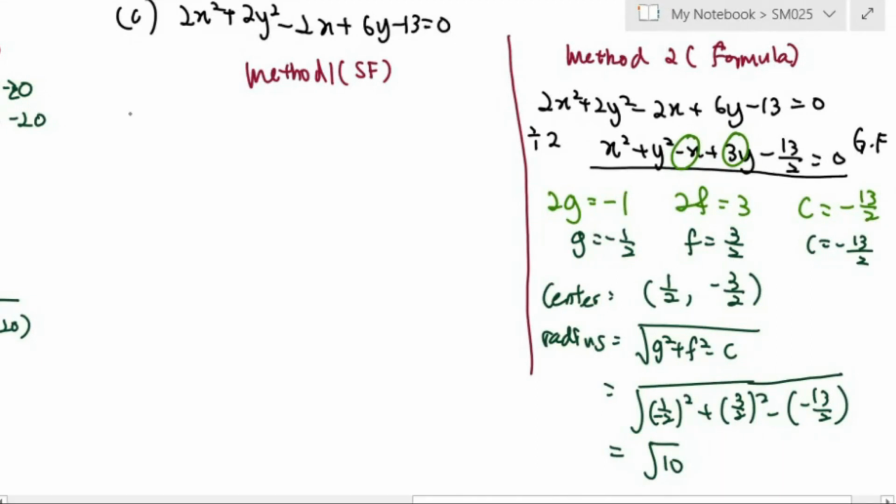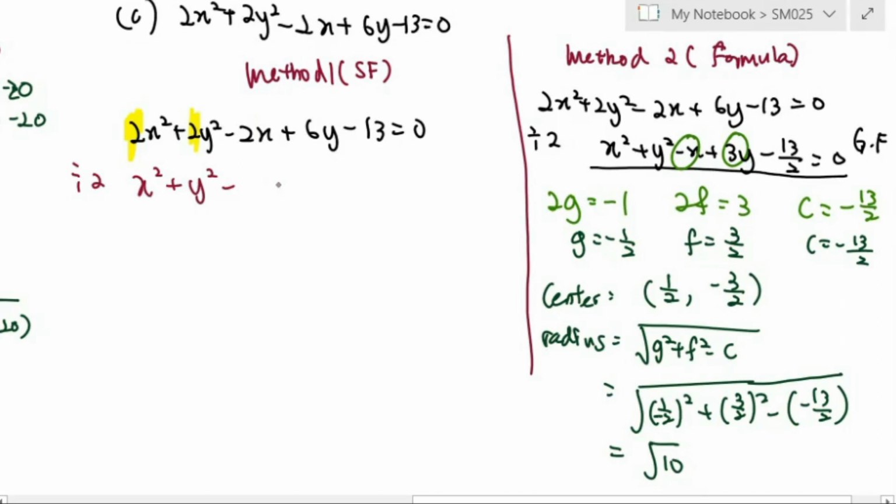Okay, so for changing to general form, it's the same also. Nothing we can do with the coefficient 2 here, so what we can do is divide it by 2. So we start with this. This is our general form that we're going to refer to. Okay, so this is our equation that we needed. Then we start completing the square.